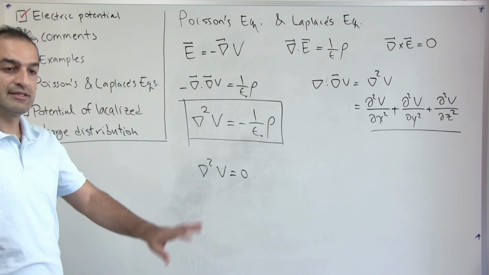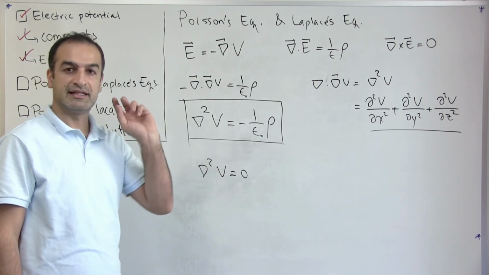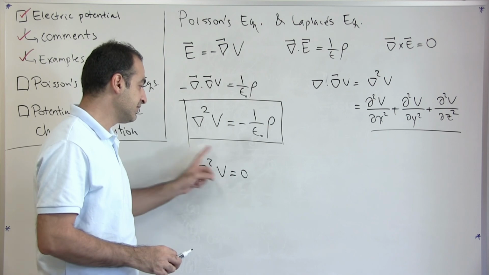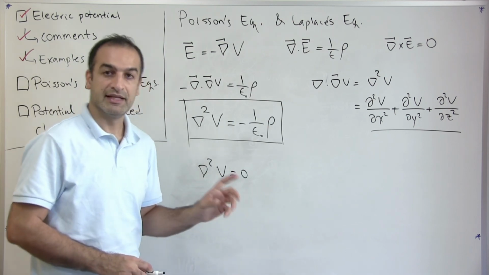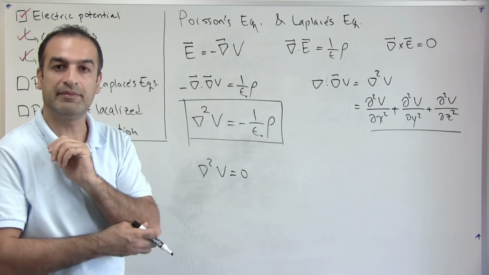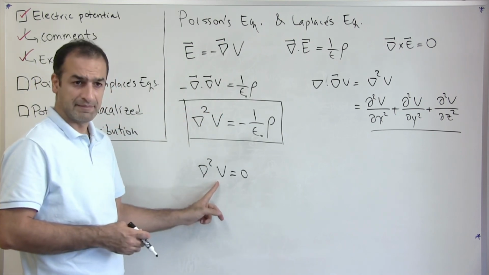This does not mean that we don't have any potential, but this says that at any point away from charge distribution, the second derivative of V is 0. That doesn't mean V is constant. V can have all sorts of different shapes and behaviors, but the second derivative of it is 0.